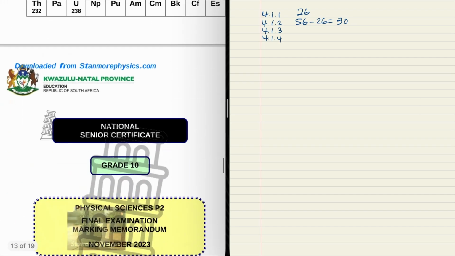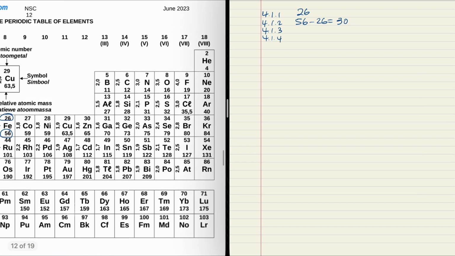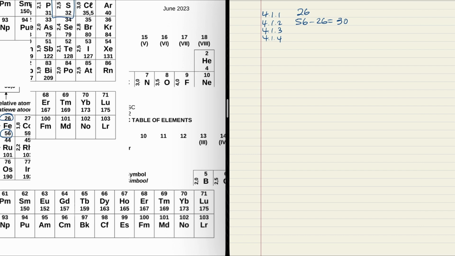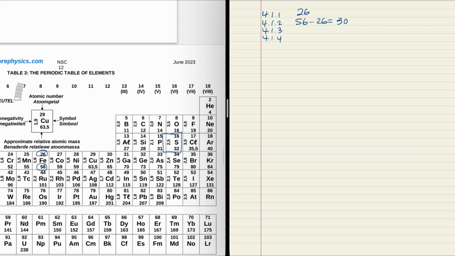To figure out which, we need to look at where it is. Sulfur is here, in group 6 or group 16, however you want to count it. Elements in this group will get a charge and become ions, and the charge will be 2-. So the sulfide ion is going to be S2-.